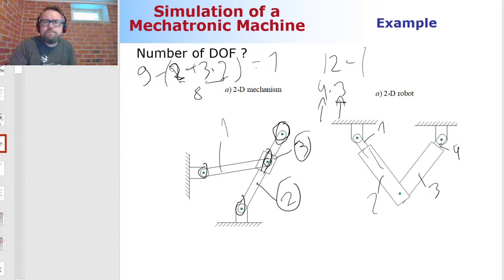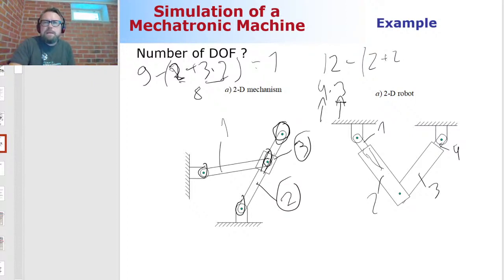Okay, so where I was: translational joint. One translational joint needs 2 constraint equations. So how many do I have here? Here's one that connects body 1 and body 2. There's one here that connects body number 3 and body number 4.